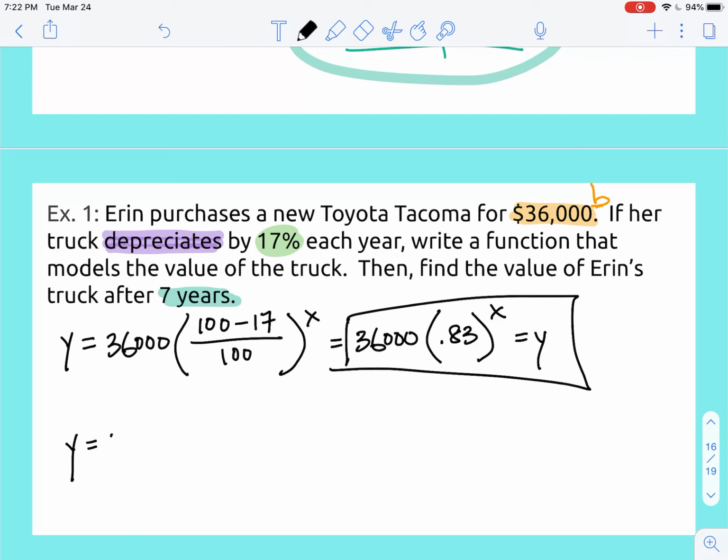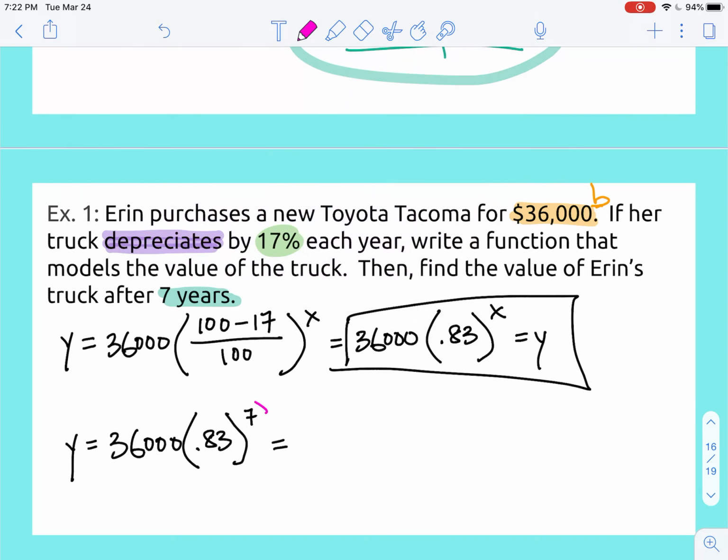To find her value of the car after 7 years, we're going to do 36,000 times 0.83 to the 7th power. For some reason, students always forget the order of operations here, so I want to make this super clear.